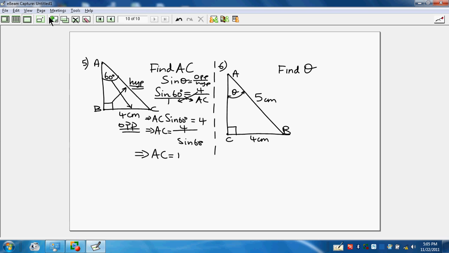And you will get an answer of 4.62 centimeters if you round it off to 2 decimal places.